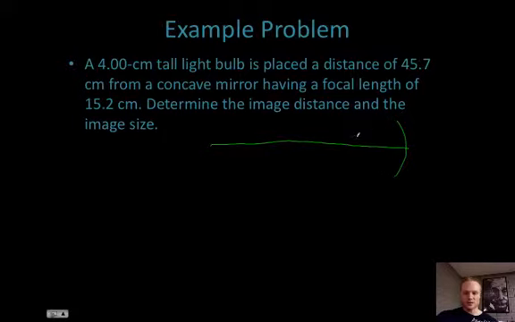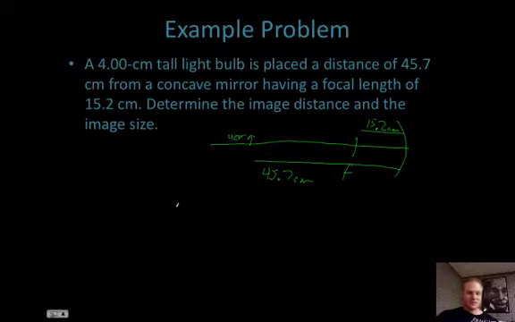Here is the focal length, which is 15.2 centimeters. And it's a light bulb, which I'm still going to draw as an arrow. My light bulb is 45.7 centimeters away, and it is 4 centimeters tall.